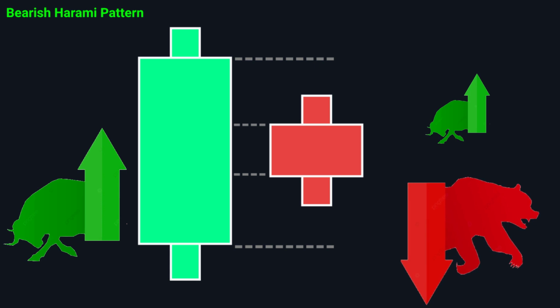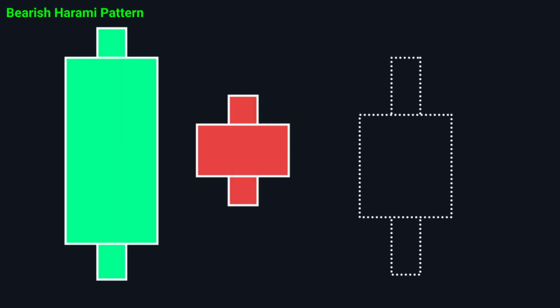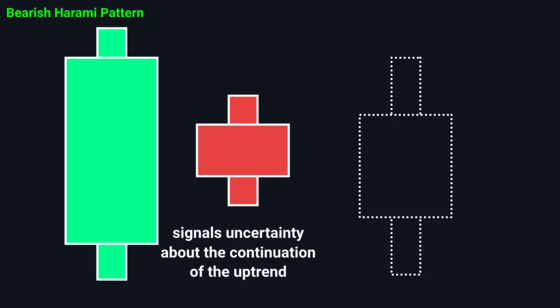This pattern signals that the uptrend might be coming to an end and a reversal to a downtrend could follow. Traders typically rely on the next candle, that is, the third candle, to confirm the pattern. This is because the bearish harami pattern alone only signals uncertainty about the continuation of the uptrend.